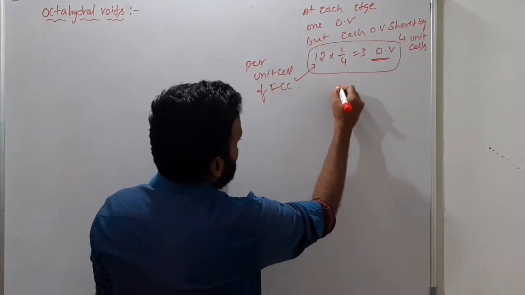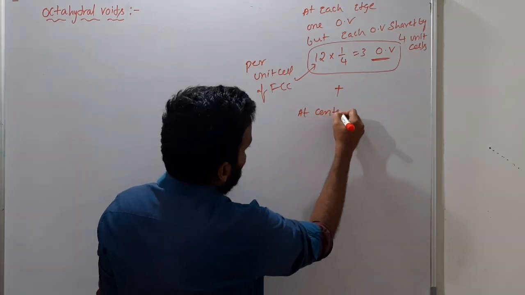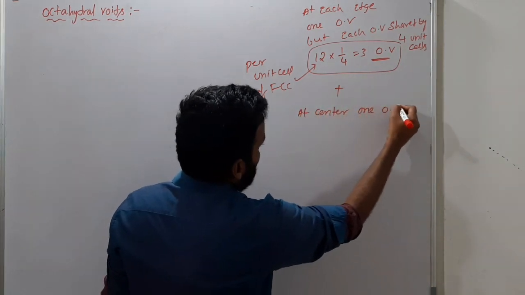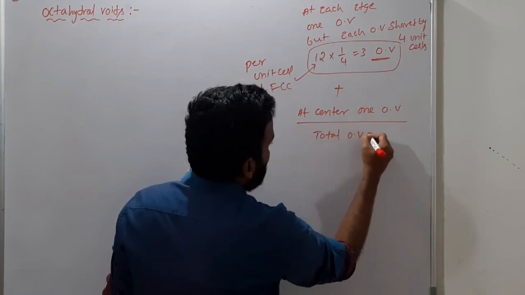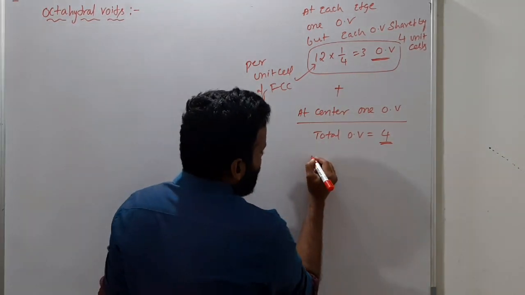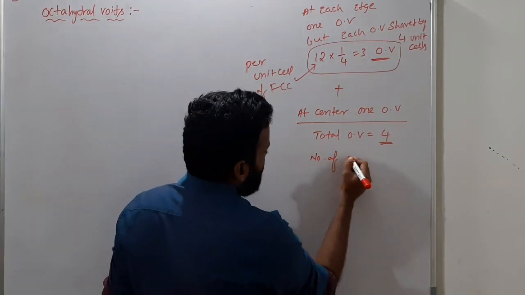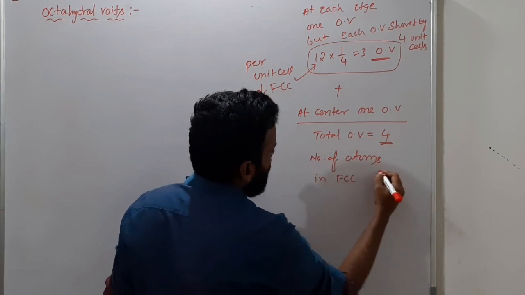And one more thing, plus at the center 1 octahedral void. Therefore total octahedral voids, how many? 4 octahedral voids. So effective number of atoms, how many? Number of atoms in FCC, how many? 4.